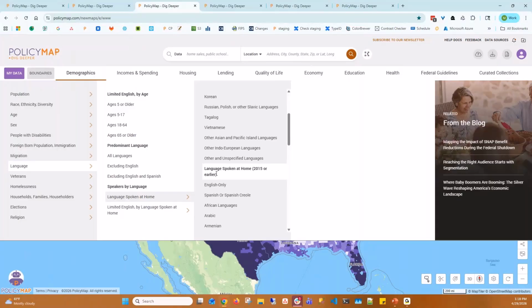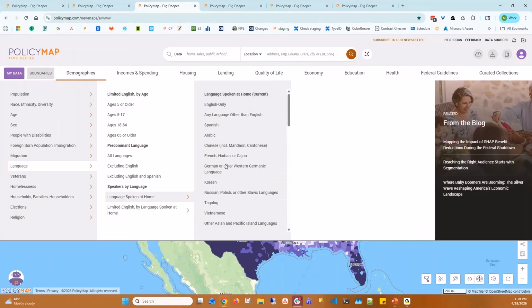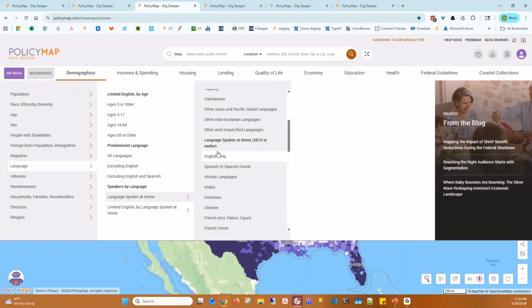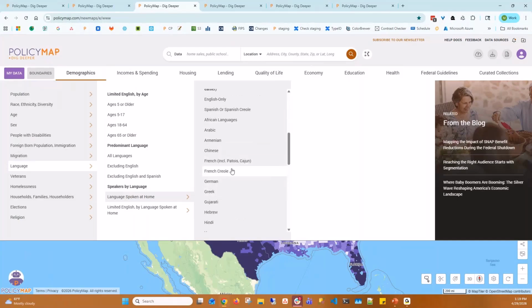This is due to the fact that they have decreased the amount of languages they provide in the language spoken at home table. For historical data and understanding a little bit more of the languages that have a smaller population who speak them, we still wanted to preserve that data and make it accessible to people.